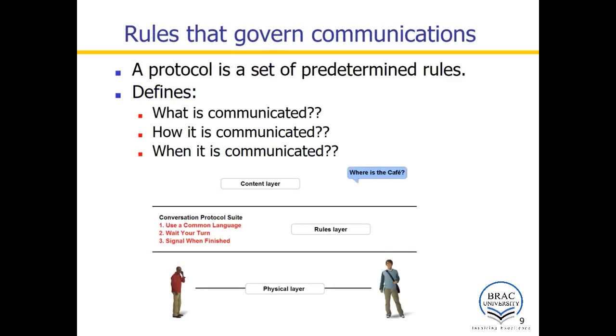Okay, so basically the rules or the layers that are involved in the communication are known as protocol. So we can say protocol is basically a set of rules which defines what we need to communicate, how we need to communicate, and when we should communicate. All this set of rules are known as protocols.